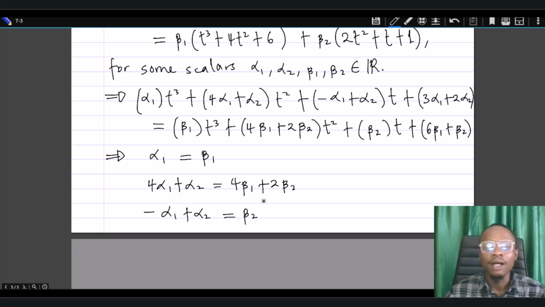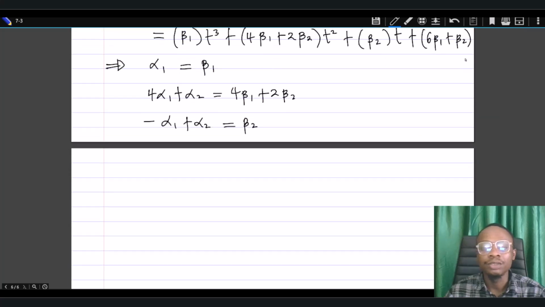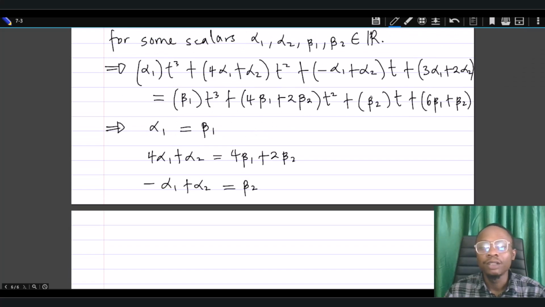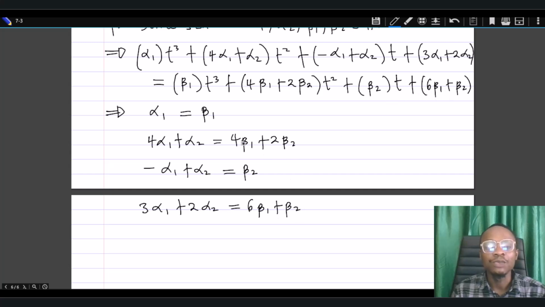And then finally, let us have an additional page to proceed. We have the constants giving us 3 alpha 1 plus 2 alpha 2 equals 6 beta 1 plus beta 2. So we now have 4 equations.